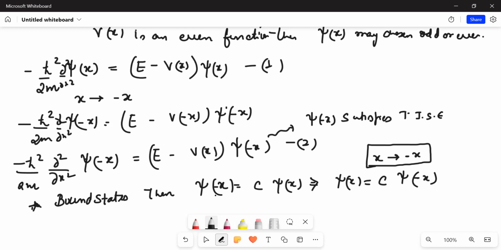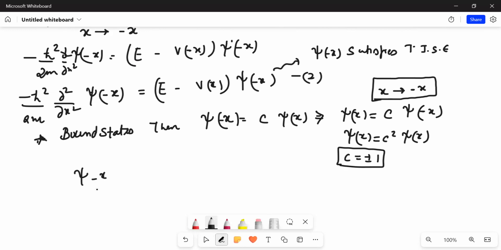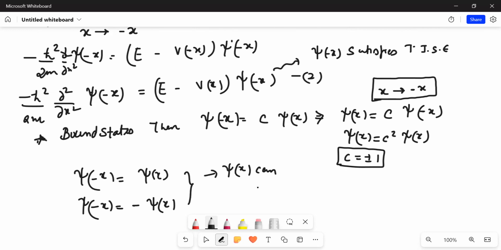So therefore, instead of psi of minus x, I can write c times psi of x here, giving c squared psi of x. So clearly psi of x cannot be 0. It implies c has to be equal to plus minus 1. It implies psi of minus x can either be equal to psi of x if c is equal to 1, or minus psi of x if c is minus 1. So psi of x can either be even or odd.